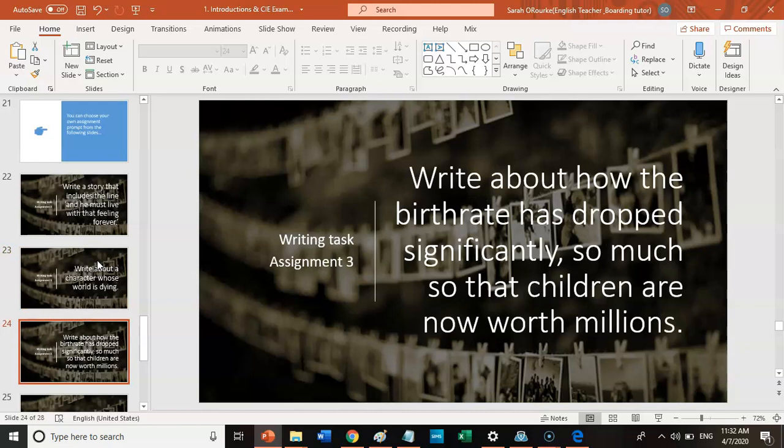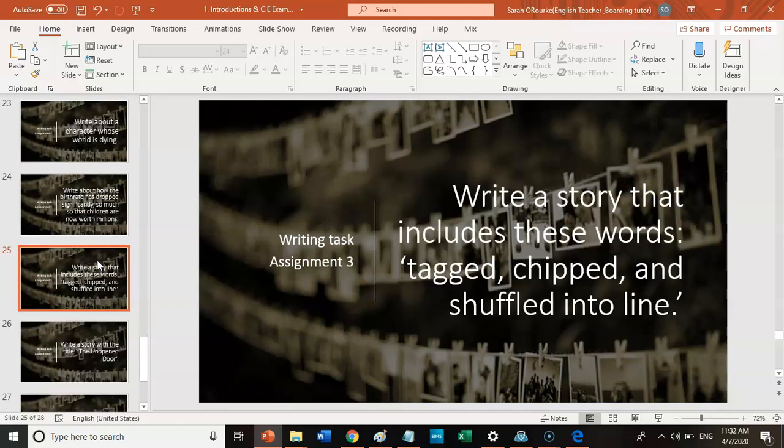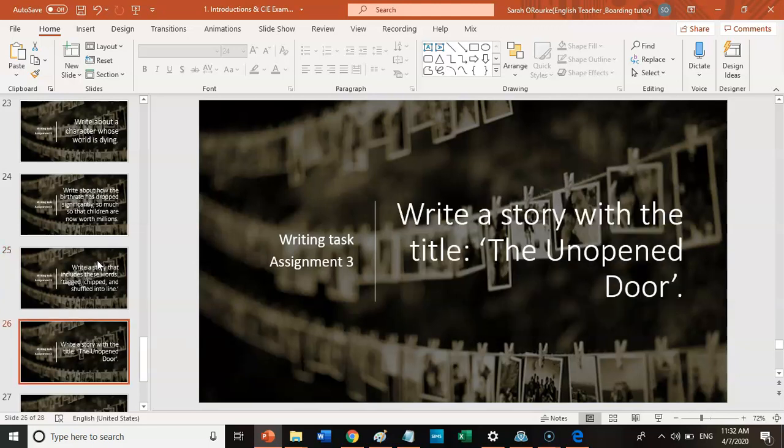Write about how the birth rate has dropped significantly, so much so that now children are worth millions. Write a story that includes these words: tagged, chipped, and shuffled into line. Write a story with the title, "The Unopened Door."